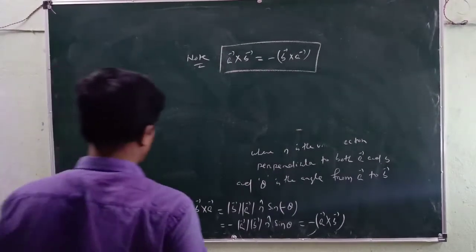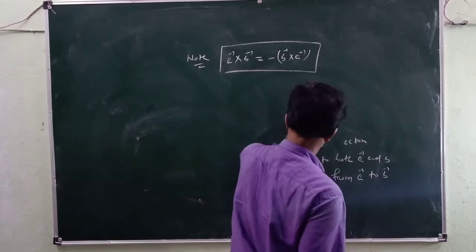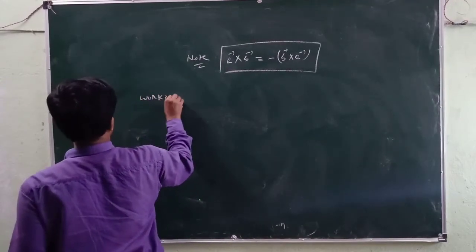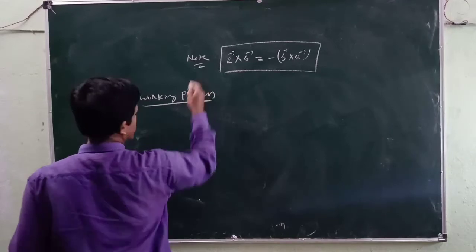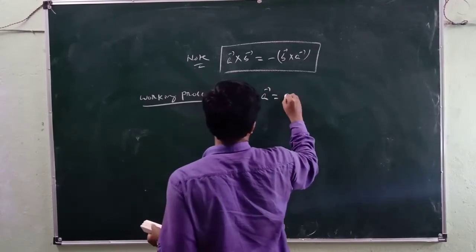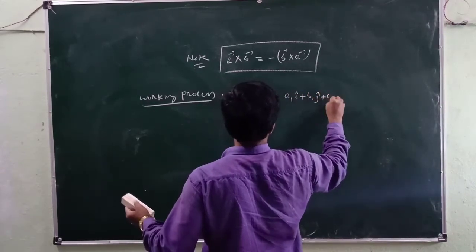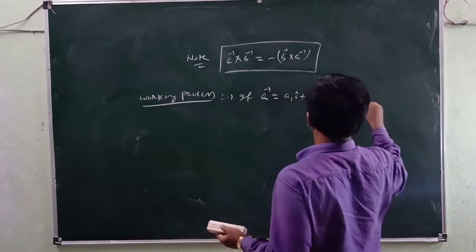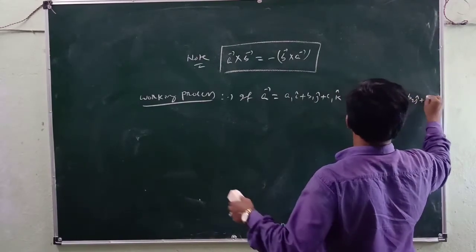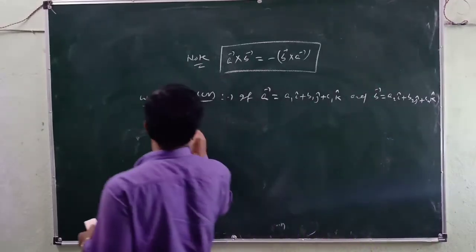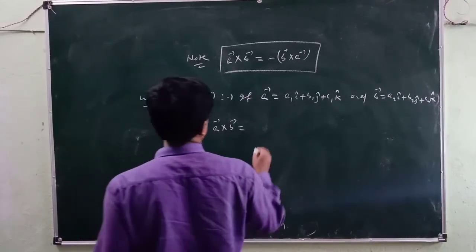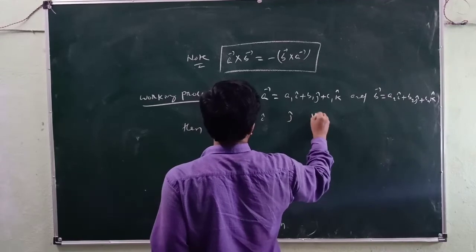In your working process, for vector product, if A vector is A1 i cap plus B1 j cap plus C1 k cap, and B vector is A2 i cap plus B2 j cap plus C2 k cap, then A cross B: first i cap, j cap, k cap.